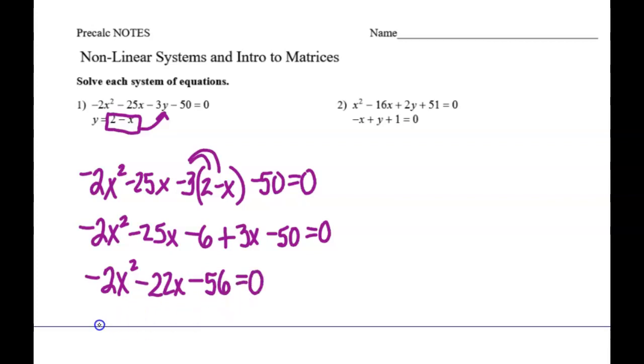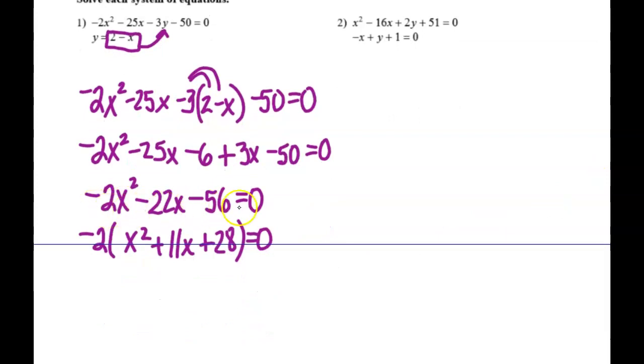Okay, first thing I can do is take out a negative 2 out of everything. That'll leave us an x squared plus 11x plus 28 equals 0, I think. Did I divide everything by negative 2 correctly, guys? Okay. Can negative 2 ever equal 0?